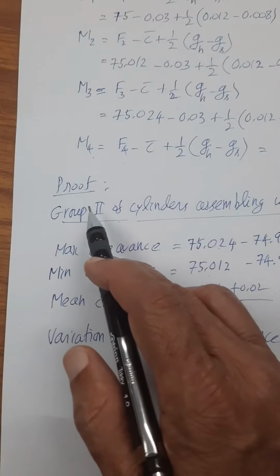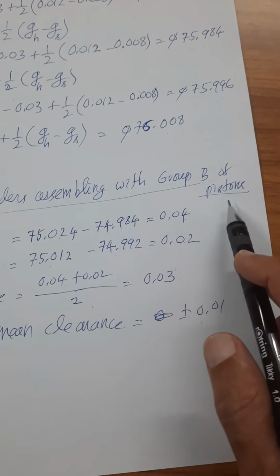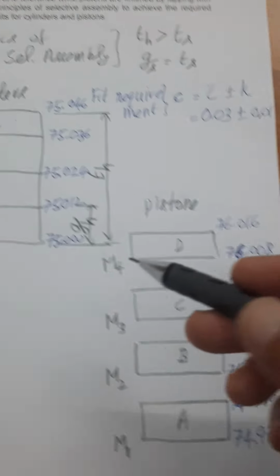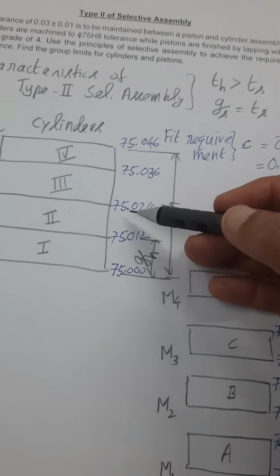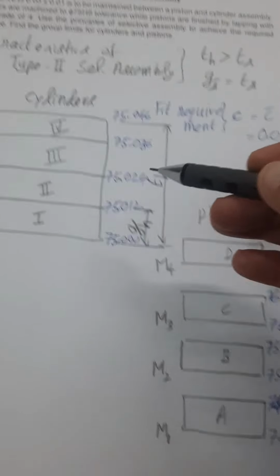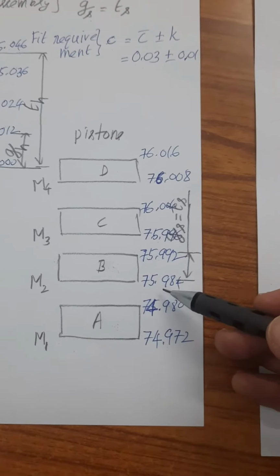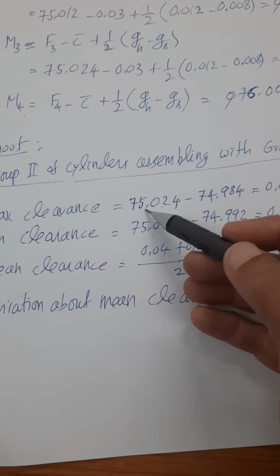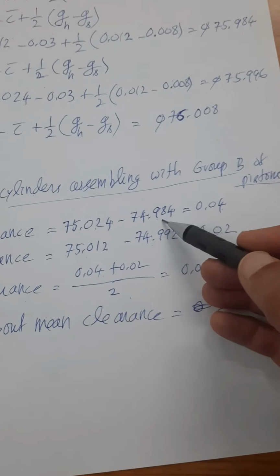On assembling group 2 of cylinders with group B of pistons, what is the maximum clearance you get? So group 2 of cylinders has a maximum size of 75.024. Group B of piston has a minimum size of 74.984. So the maximum clearance is the maximum size of the hole minus minimum size of the shaft.